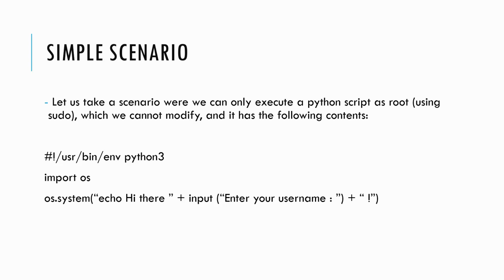So the argument passed to os.system will be executed in the shell, and we simply use the echo command, echo hi there, plus the user input, which means we have joined the input without sanitizing it. So we ask the user to enter your username, then we concatenate it to this string and we execute it in the shell without sanitizing the input. So this is highly vulnerable to command injection.